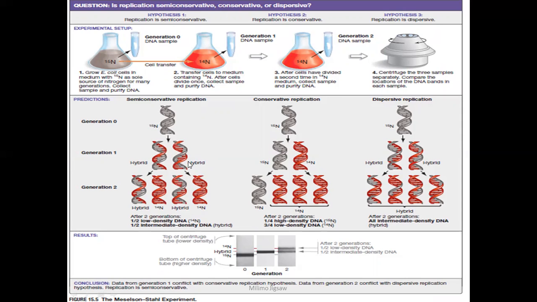And then after generation 2, we find half low density and half intermediate. So this is what the Meselson-Stahl experiment proved. So it proved that DNA actually replicates by semi-conservative replication.